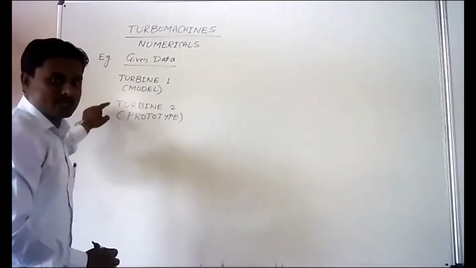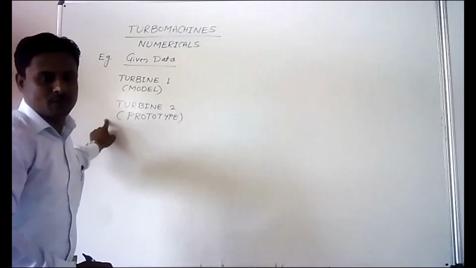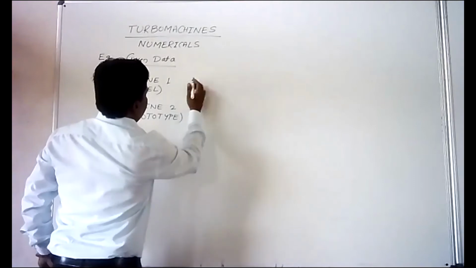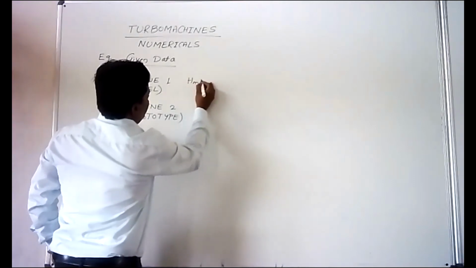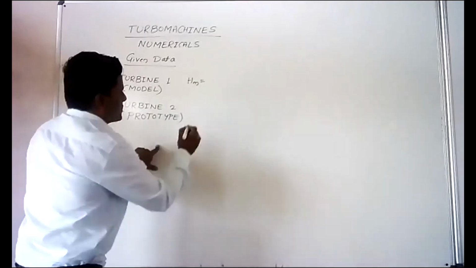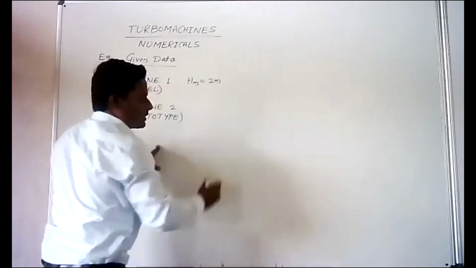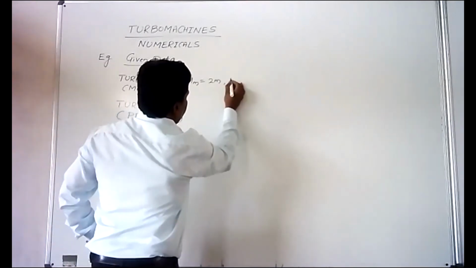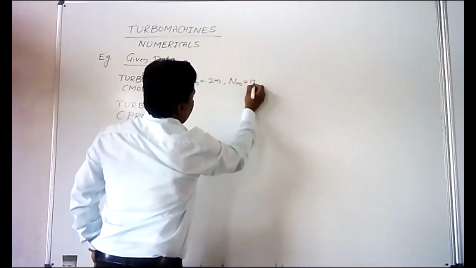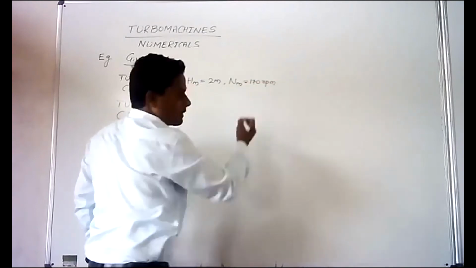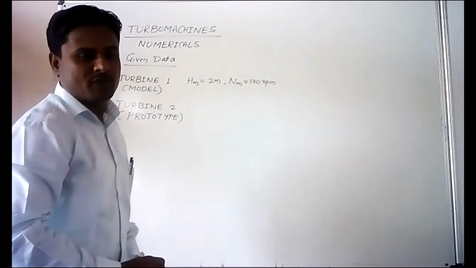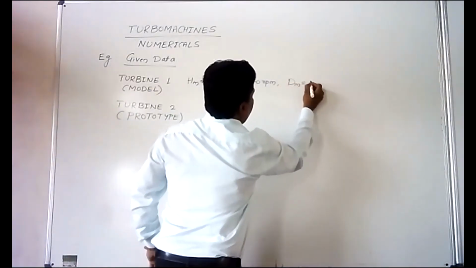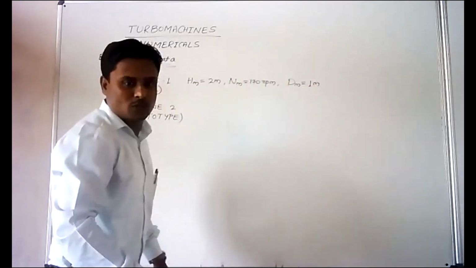So first one is model, second one is prototype. So the working head for the model is Hm equals 2 meters. And it runs at a speed of 170 RPM, Nm equals 170 RPM. Next, having the diameter of 1 meter, Dm equals 1 meter.